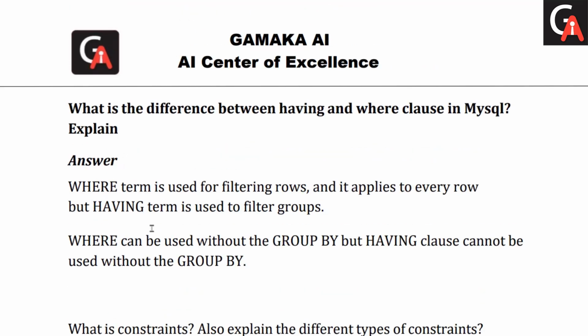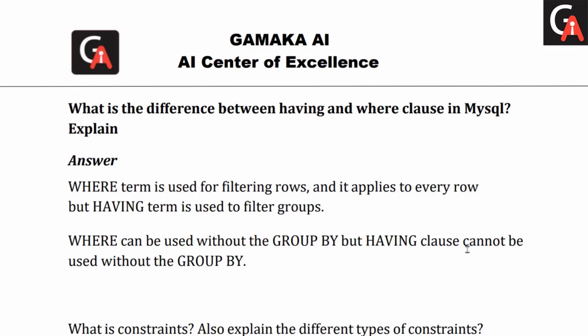Okay, so the next question is, what is the difference between the having and where clause in MySQL? First of all, we use the where clause to filter the records based on some condition, and we use having to filter the groups. Then the second difference is we cannot use any aggregate functions inside the where clause, but we can use aggregate functions inside group by or having.